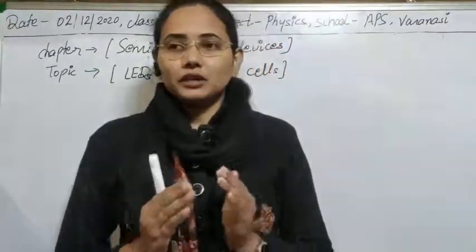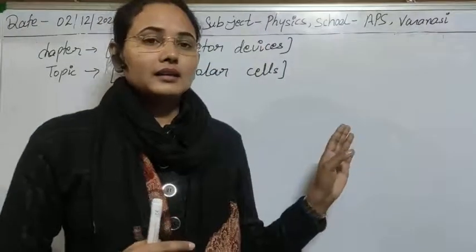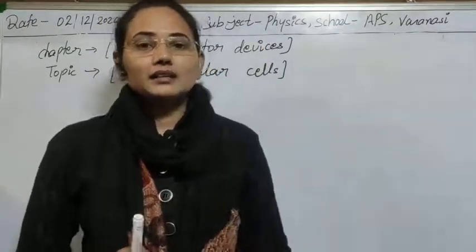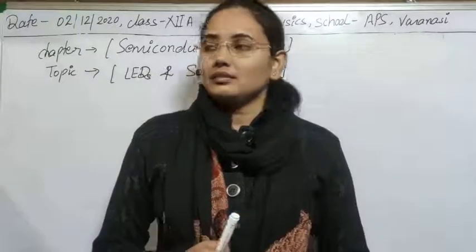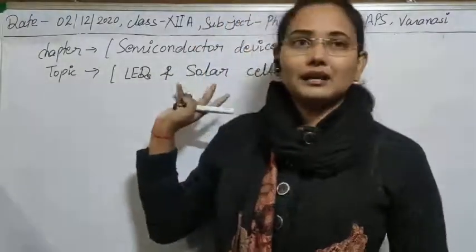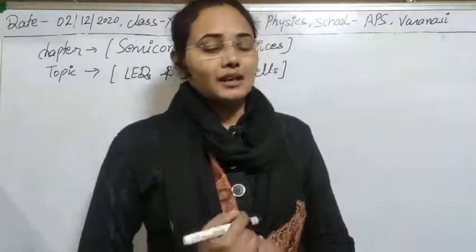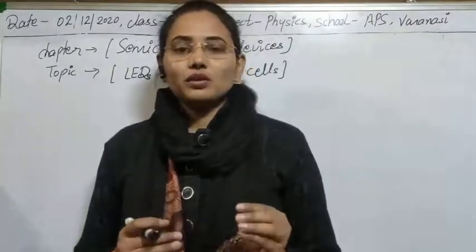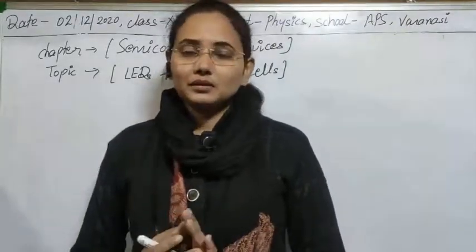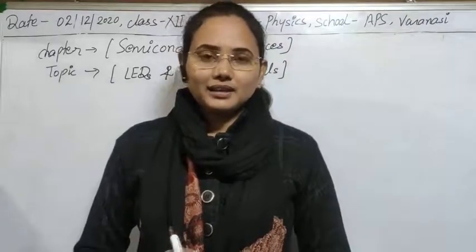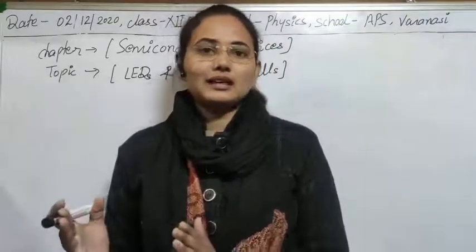So what is the working behind converting an electrical signal into a light signal? Actually these two processes are reverse processes. In the solar cell, we convert solar energy into an electrical signal, and here we are converting an electrical signal into a light signal.